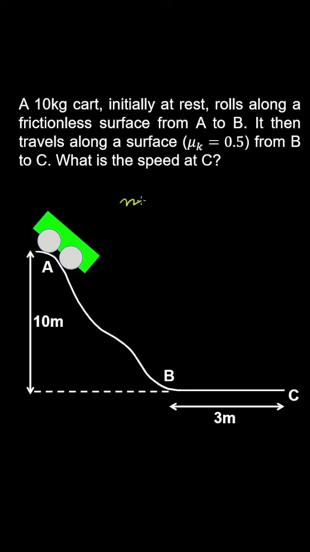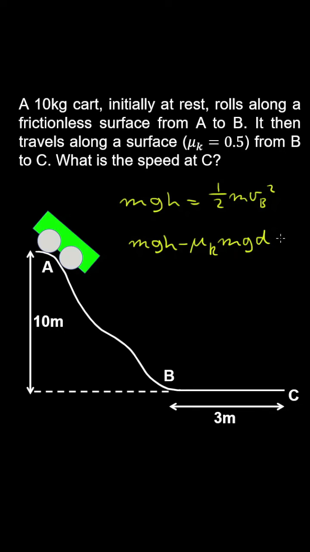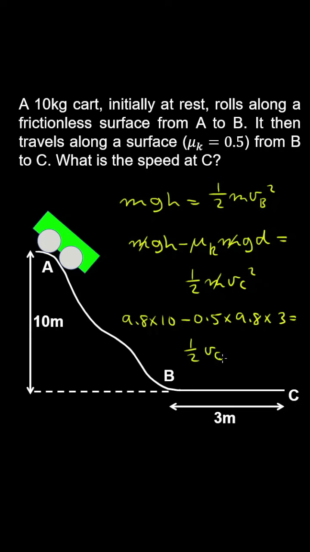So by the conservation of energy between A and B, the potential energy is equal to the kinetic energy, and from B to C, what we get is the kinetic energy, which is equal to the potential energy at A minus the work done by the friction force, which is the coefficient of friction times mass times gravity times the distance D, is equal to the kinetic energy at C. And now we can cancel out the mass, and what we get is 9.8 times 10 minus 0.5 times 9.8 times the distance is equal to 1/2 Vc squared.